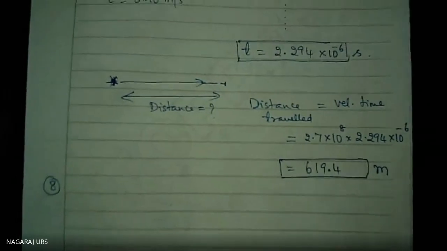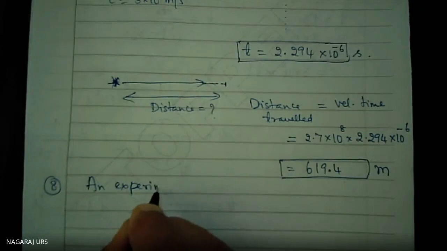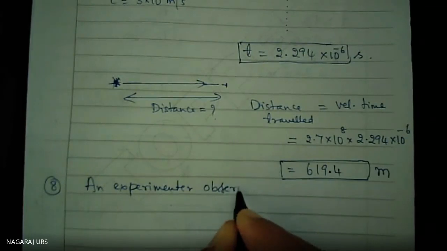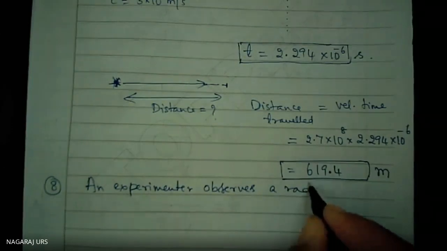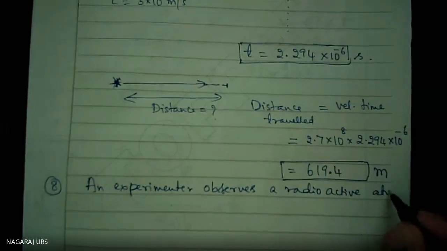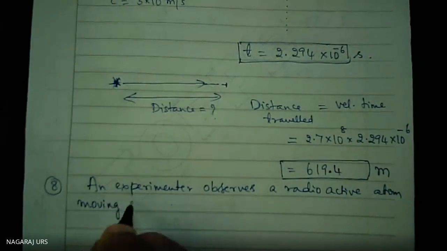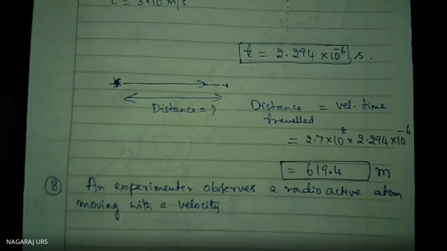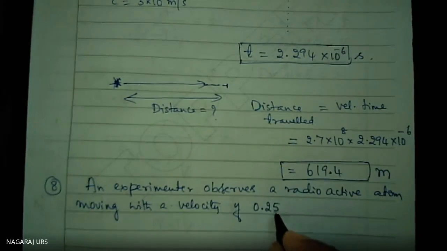The 8th one. An experimenter observes a radioactive atom moving with a velocity of 0.25 times c.